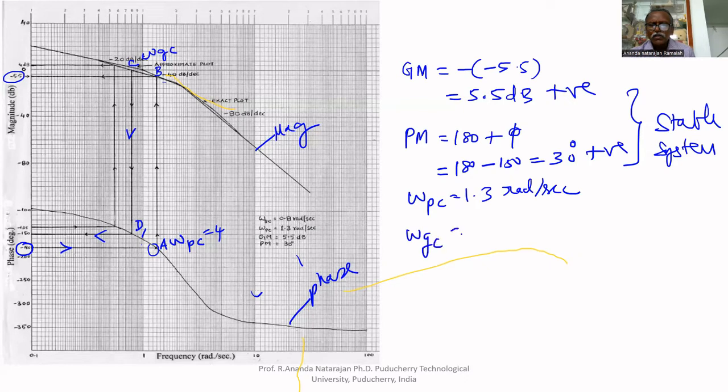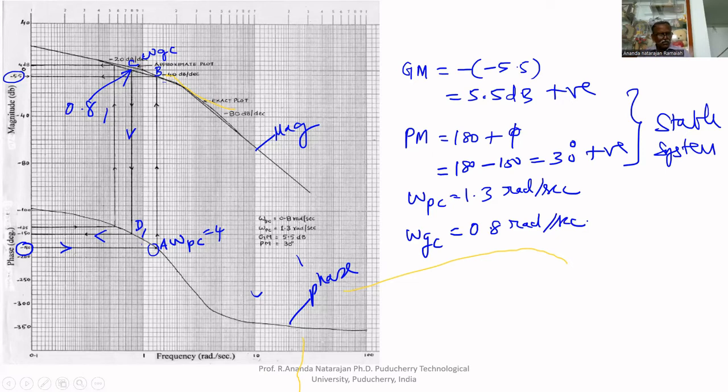Gain crossover frequency is also asked. Gain crossover frequency is point C. Here the frequency is 0.8. Therefore, gain crossover frequency is 0.8 radians per second. So all 4 answers we got for the first question.